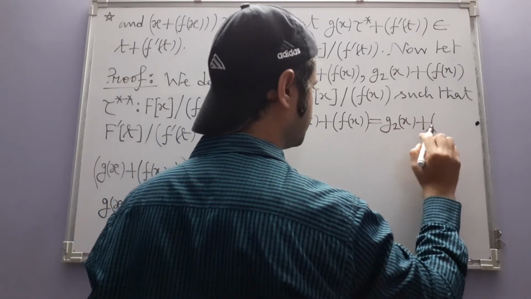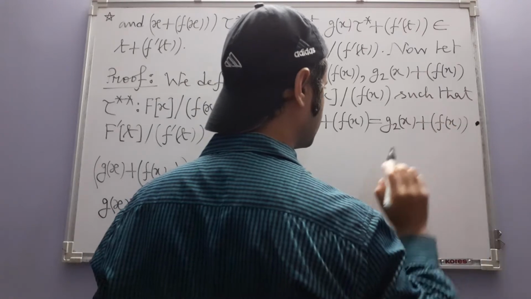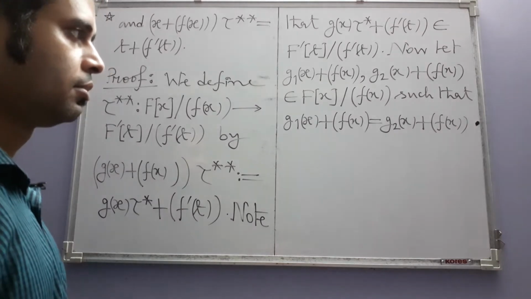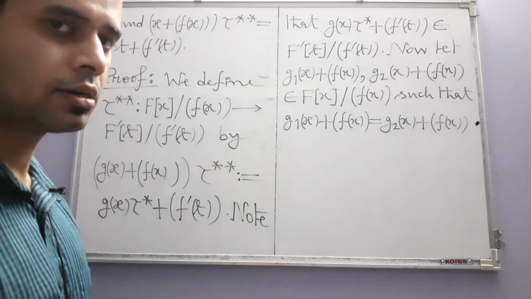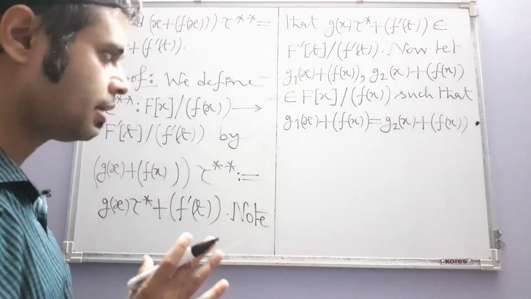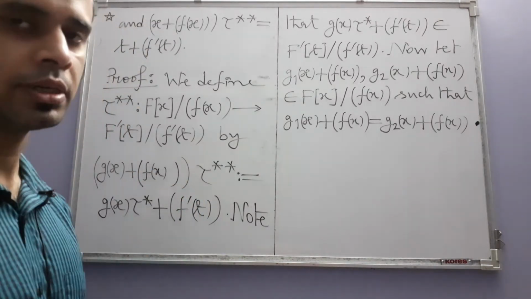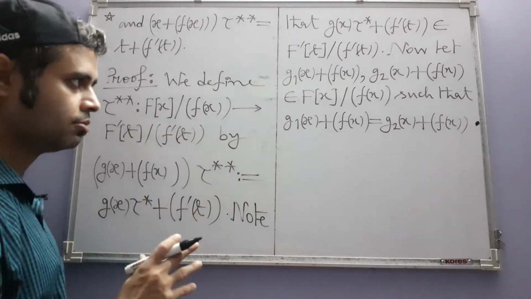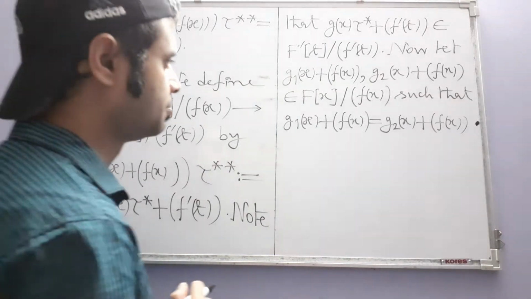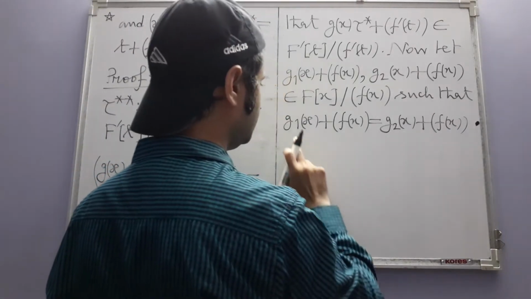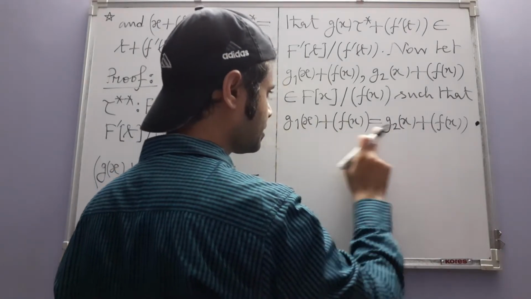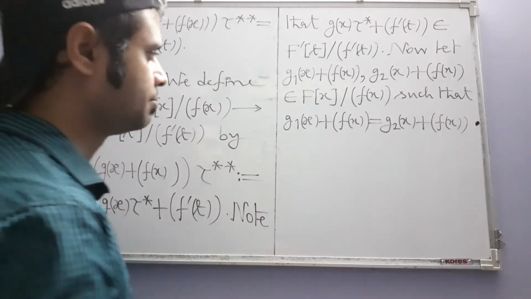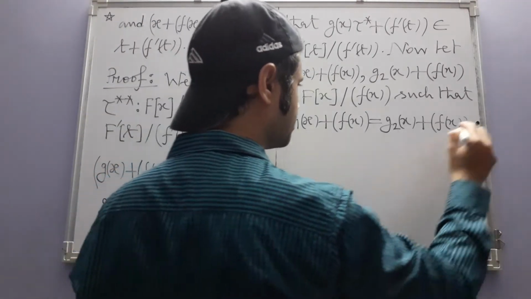Since a coset, whether a coset of a normal subgroup, of an ideal, or of a subspace, generally has multiple representations, if you are defining a function using cosets, then you really need to show uniqueness of image, because g1(x) and g2(x) as polynomials may be different, but still the cosets they give us may be identical.